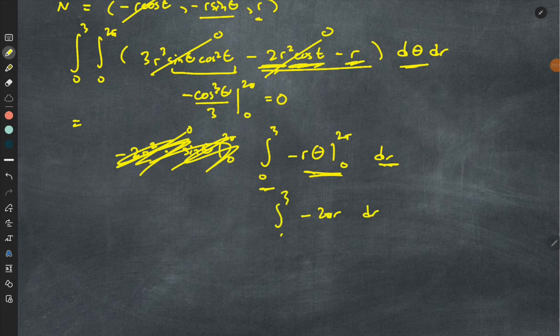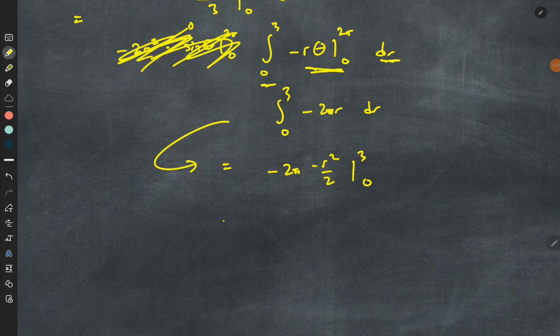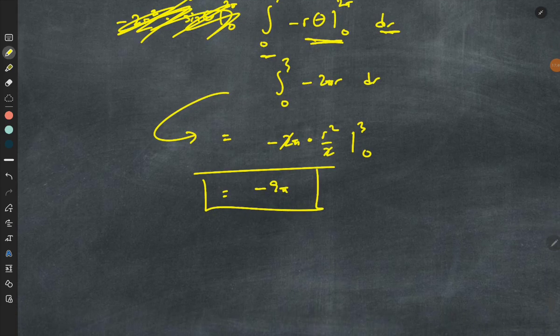Got another variable to integrate with respect to. This then becomes negative 2 pi times r squared divided by 2, going from 0 to 3. The 2's cancel out, and all you're left with is negative 9 pi.